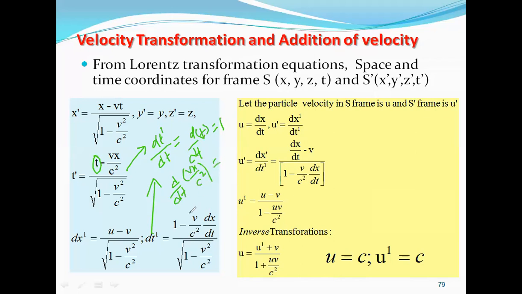What am I going to get, tell me. So v by c square is a constant and x is there, which gives dx by dt. I'm writing the same thing. So 1 minus v by c square dx by dt. Is it clear?